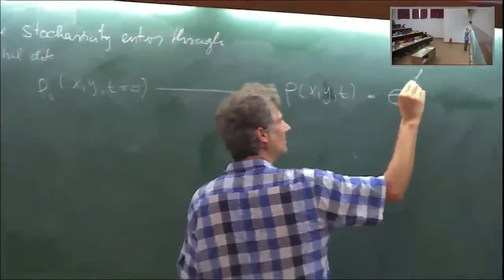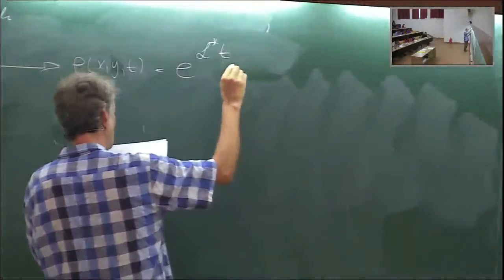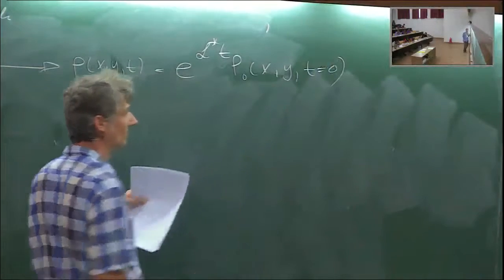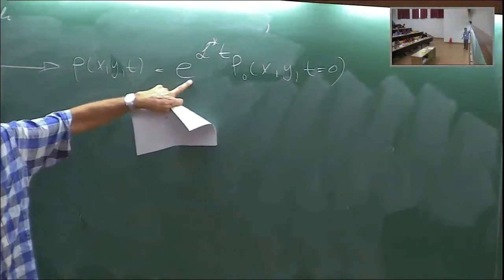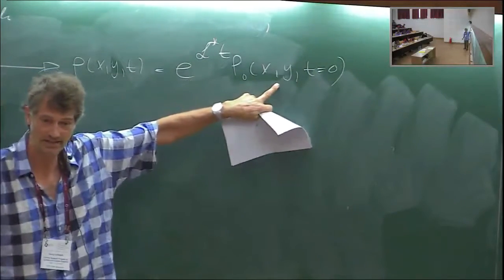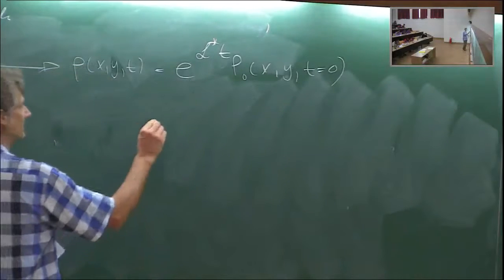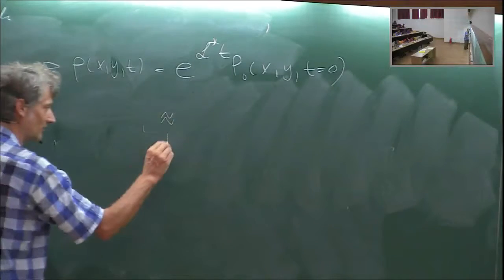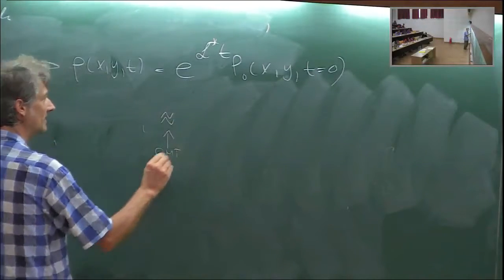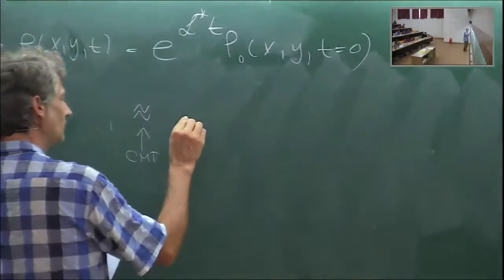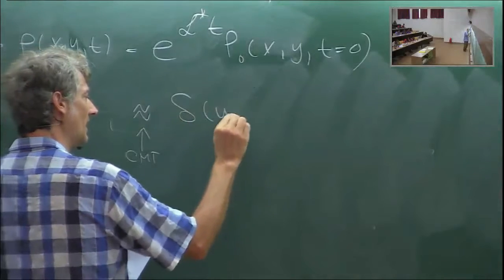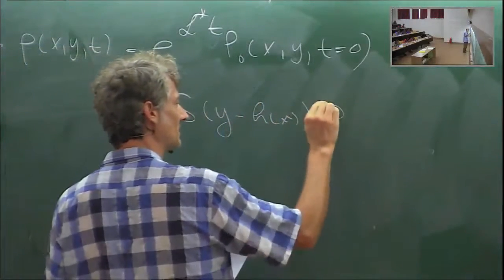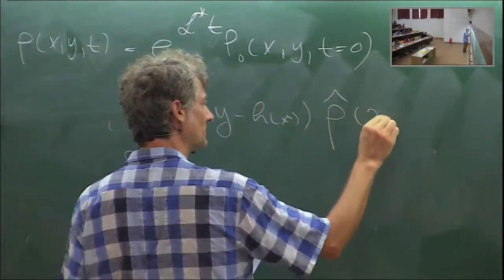Well, let's just write it in our fancy way here. So that's propagated by the Frobenius-Perron operator on the initial data. And center manifold theory tells us this. So this is where center manifold theory comes in. That this will evolve into delta y minus h of x, and then we have some kind of rho hat that only depends on x and t.